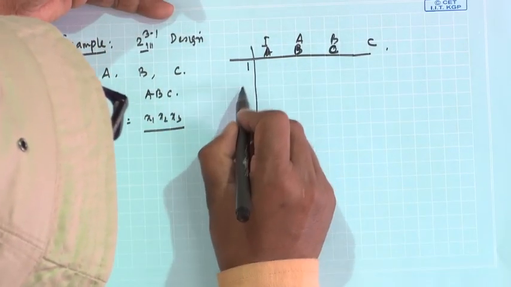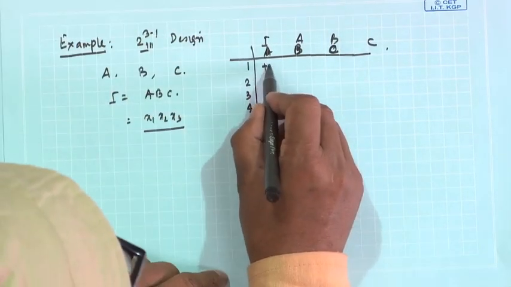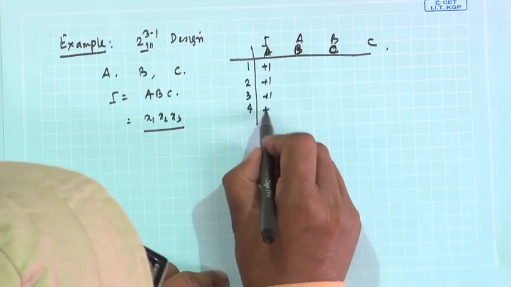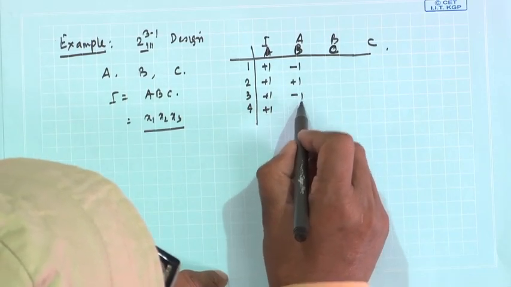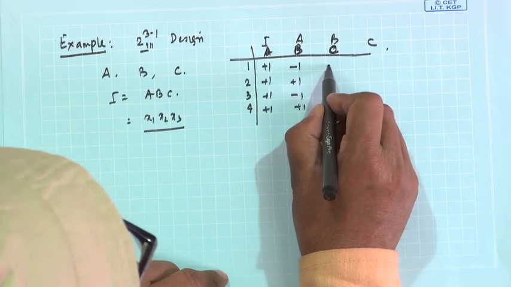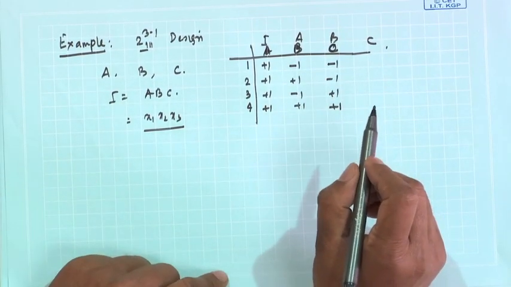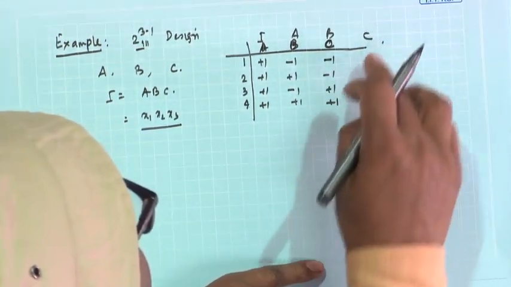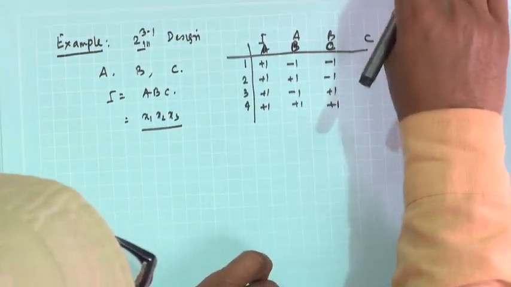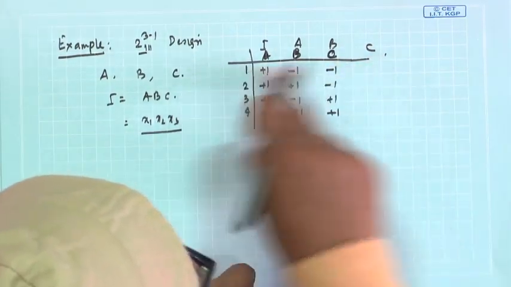But how many observations do you have? 1, 2, 3, 4. So, I will be all plus 1, then this is minus 1, plus 1, minus 1, plus 1, and this is minus 1, minus 1, plus 1, plus 1. For the time being, suppose you have to choose where you will keep C, which one is plus or minus.